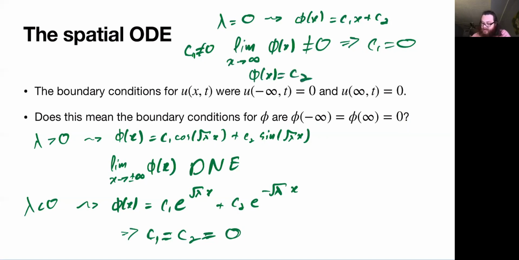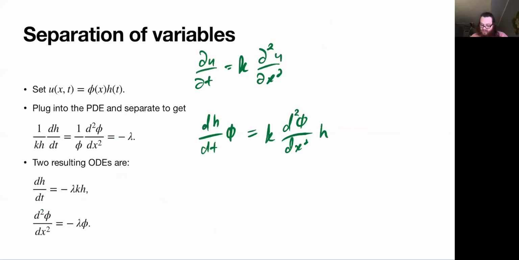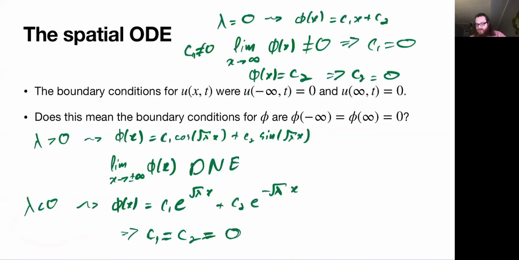And again, if we want the limit to be 0 as we go out to positive or minus infinity, what must be true of this constant function? C2 is 0. So if we focus on this ODE and break it up into cases, lambda positive, lambda 0, lambda negative, construct the solutions and look at the limiting behavior, we see that if these are the boundary conditions we want to use for phi, then we don't get any non-trivial solutions.